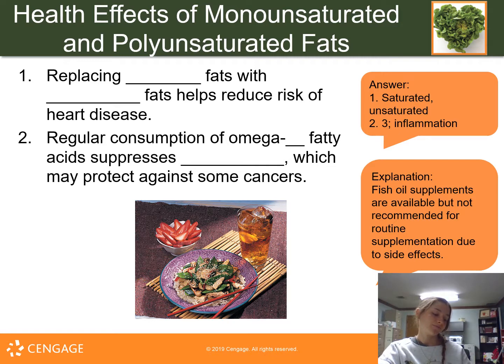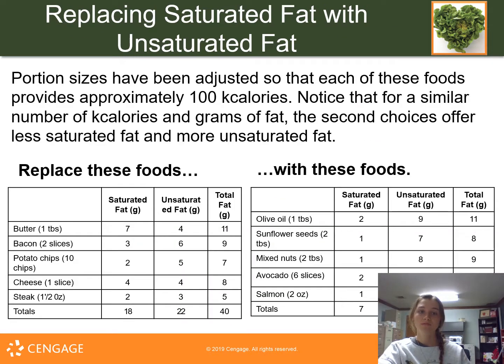The normal recommendation is at least twice a week to eat fish, and that will make sure you're getting your sufficient needs of the essential fatty acids, omega-3s. Portion sizes is also very important, and they've been adjusted so that you aren't having too much of a specific food that's going to lead to an over increase of your fat intake.